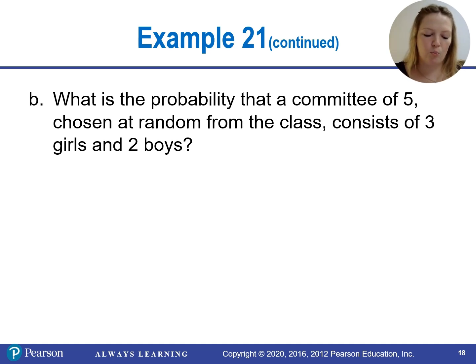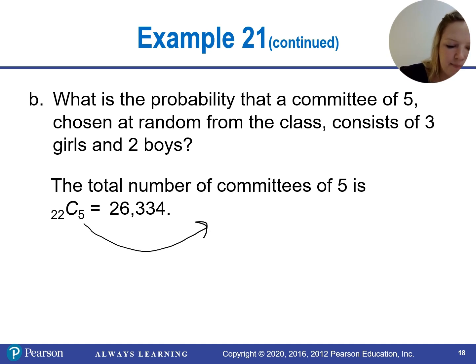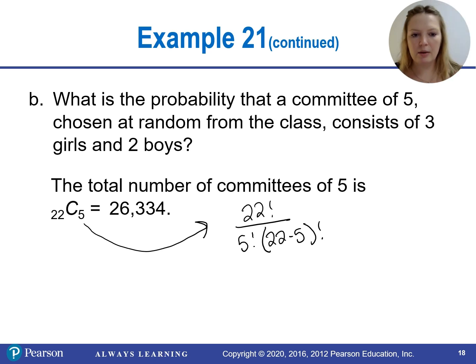To do this, we would have to find the total number of committees of 5 students. So this would be 22 total students in the class, choose 5 of them, and again, we could get this number by 22 factorial over 5 factorial times 22 minus 5 factorial, and working it out to get 26,334.